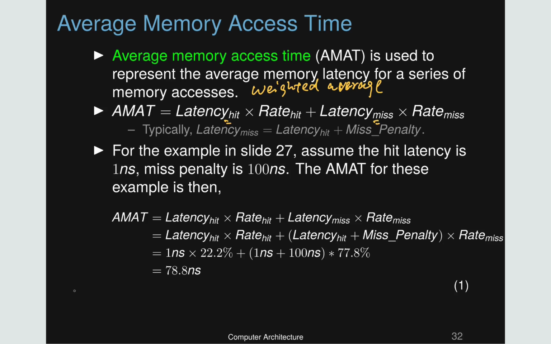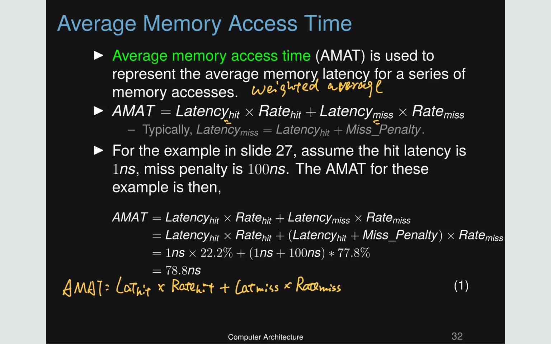So average memory access time is defined as the latency of hit multiplied by the hit rate, plus the latency of miss multiplied by the miss rate.